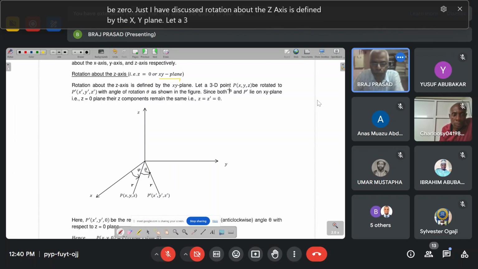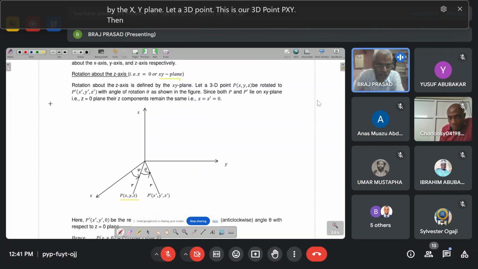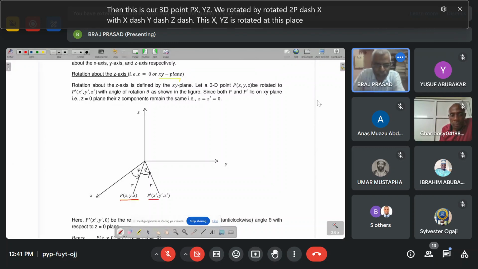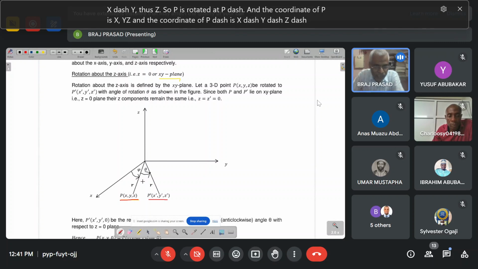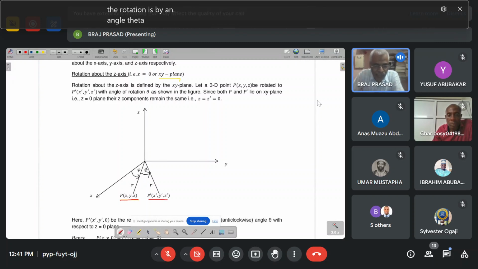Let a 3D point P, xyz, be rotated to P dash x dash y dash z dash. So P is rotated to P dash, the coordinate of P is x y z, and the coordinate of P dash is x dash y dash z dash. And the rotation is by an angle theta, that is shown here in the figure.